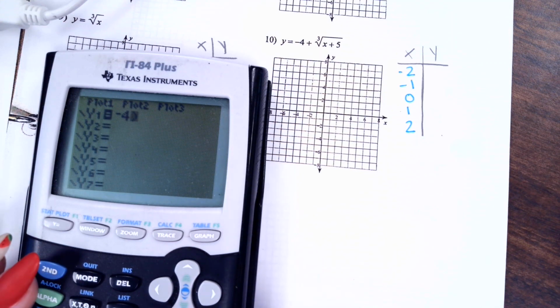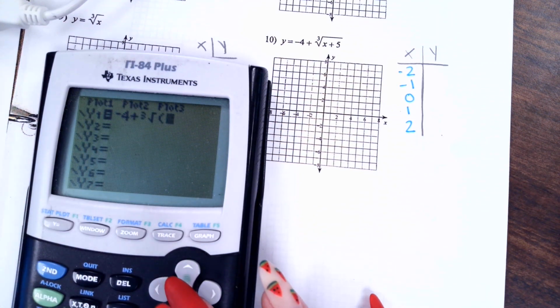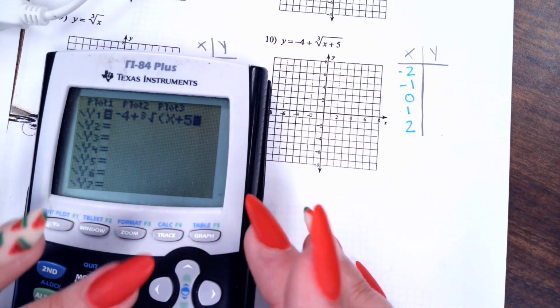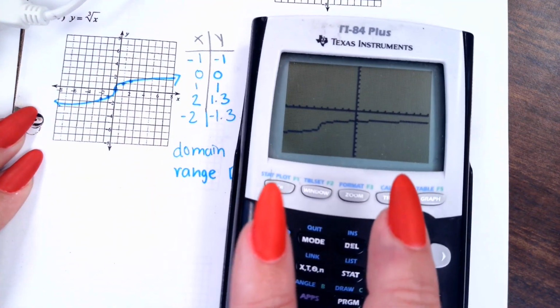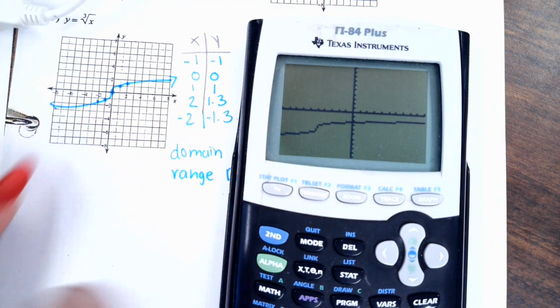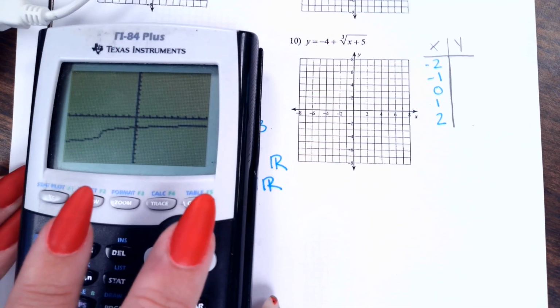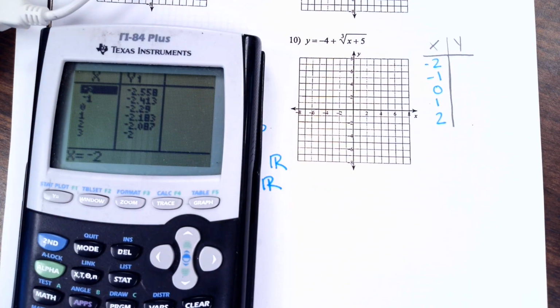So negative 4 plus the cube root of x plus 5. So notice how it looks very similar to this function, it's just shifted down to the left a little bit. So now let's go to our table. I already have most of my values filled in here.